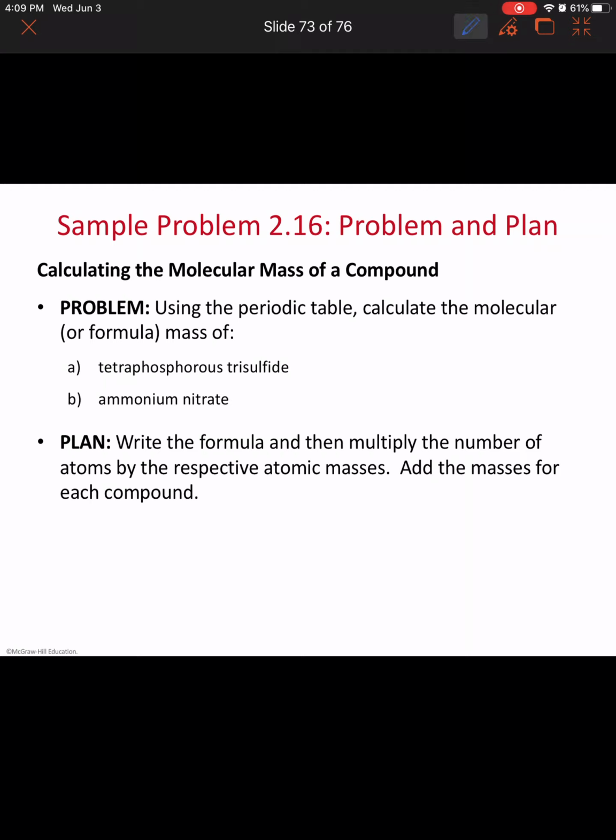the formula, not the name, the formula? Tetraphosphorus means how many phosphorus? 4. Trisulfide, tri means 3, S3, P4S3. And then you have to find out the molecular mass. So there are 4 phosphorus, 4 times the atomic mass of phosphorus, plus 3 times the molar mass of sulfur, and then you're going to add those together.